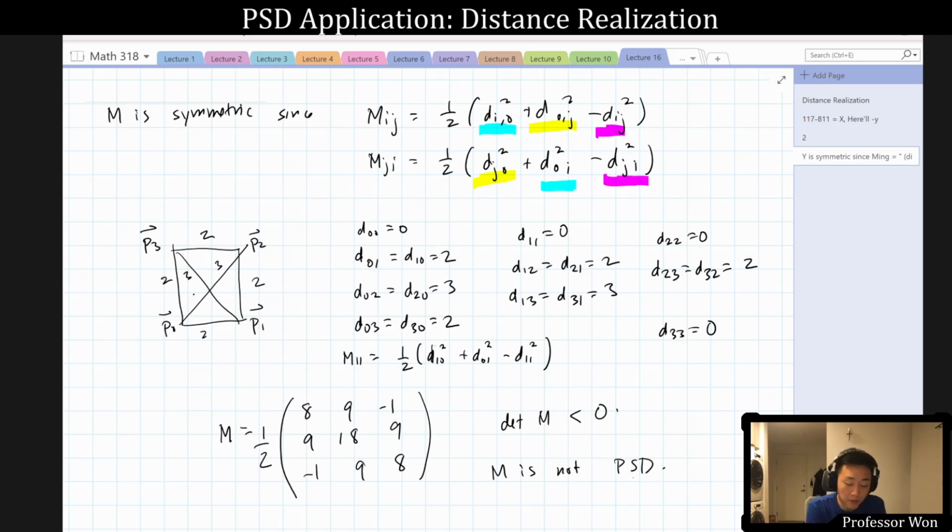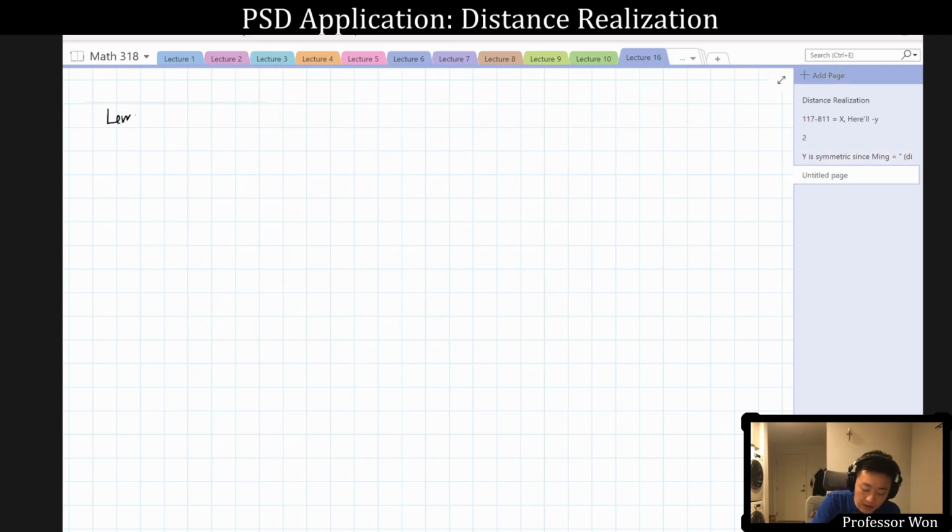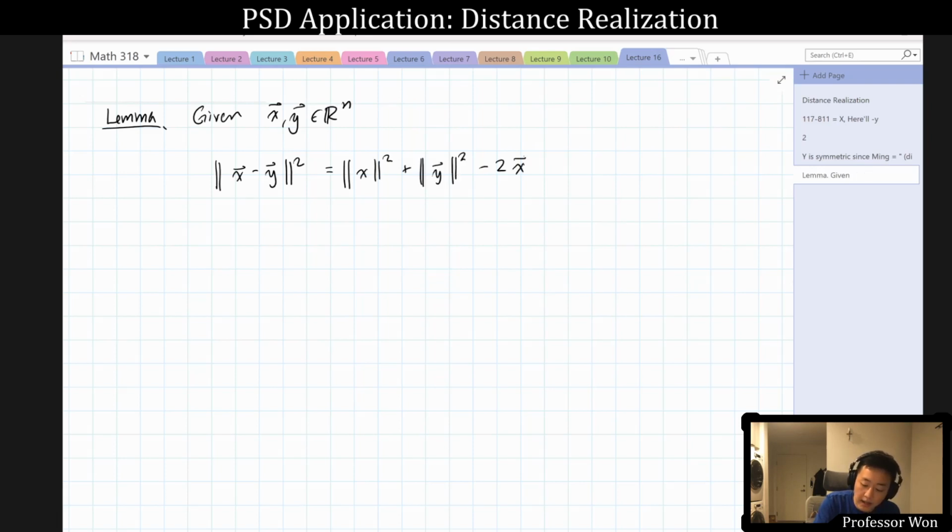Okay, so now we're going to work to prove the theorem, but first a little bit of a lemma, which actually we might as well prove. It's not so hard to prove. Okay, so given 2 points x, y in Rn, 2 vectors in Rn, it says that the length of x minus y squared is equal to the length of x squared plus the length of y squared minus 2x transpose y, which you can just rearrange to get that x transpose y is equal to 1/2 times (x squared plus y squared minus x minus y squared).